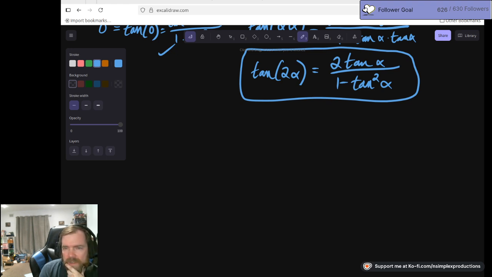Now, at this exact moment in time, we've got kind of a difficult prospect here. Right, so this is going to be the tangent of 2 alpha multiplied by 1 minus tangent squared alpha is equal to 2 tangent alpha.